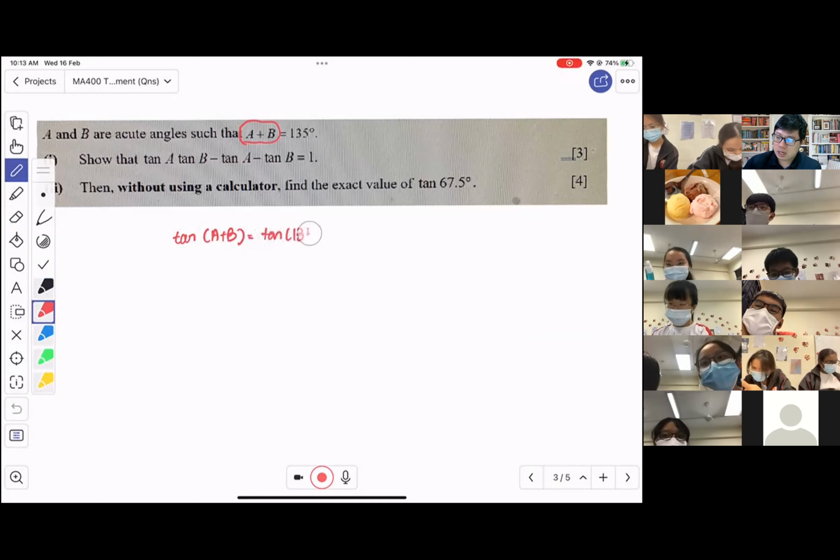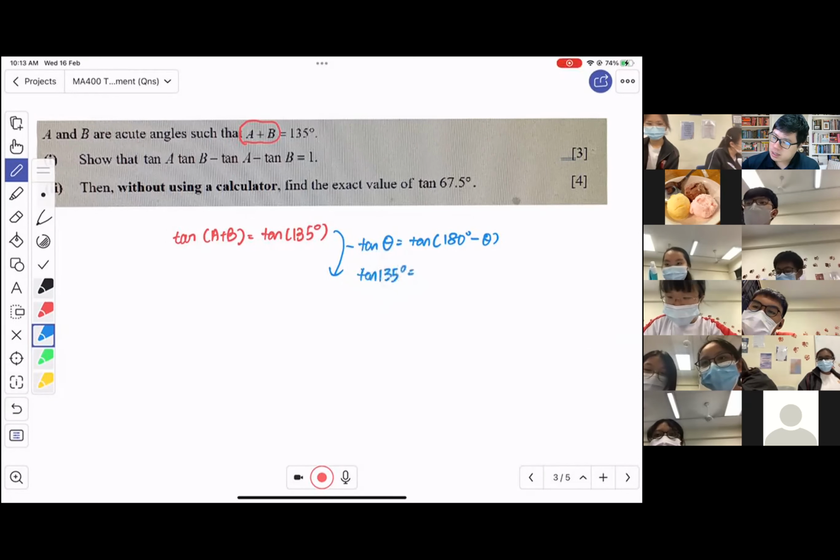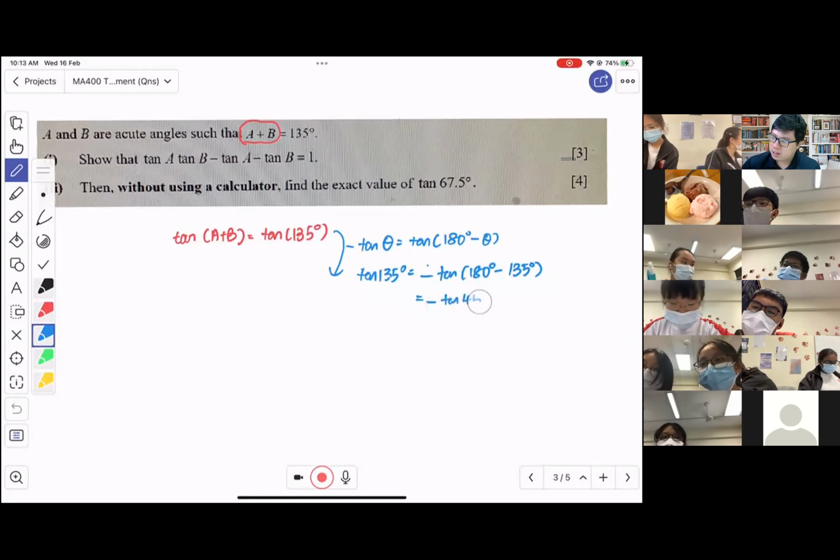And for tangent 135, we can use the idea that negative of tangent theta is tangent of 180 degrees minus theta. So tangent 135 is the same as negative of tangent of 180 minus 135, which is negative tangent 45, and that's negative 1.